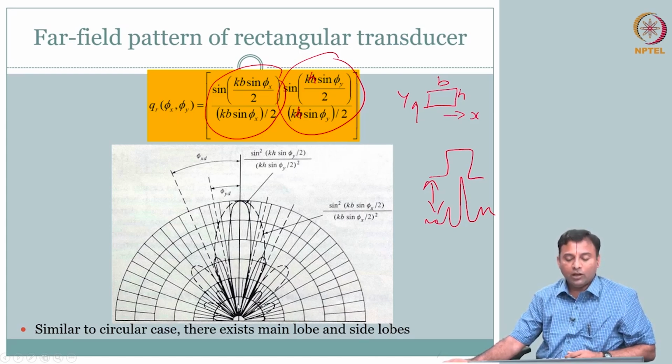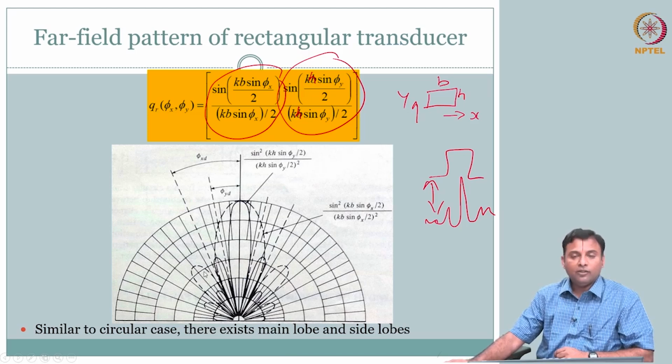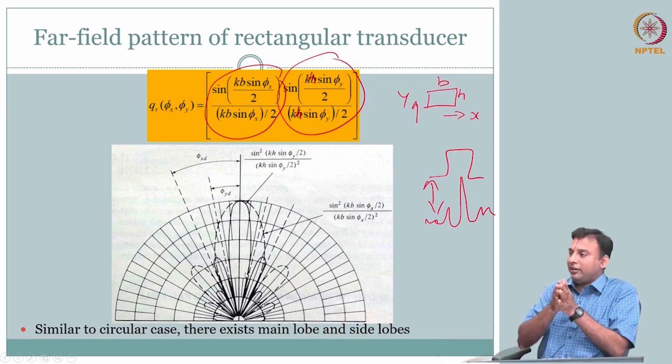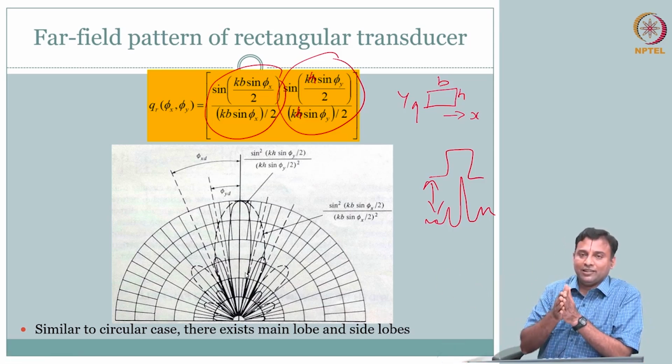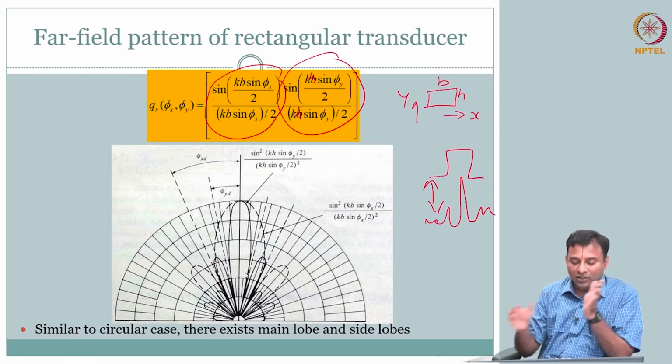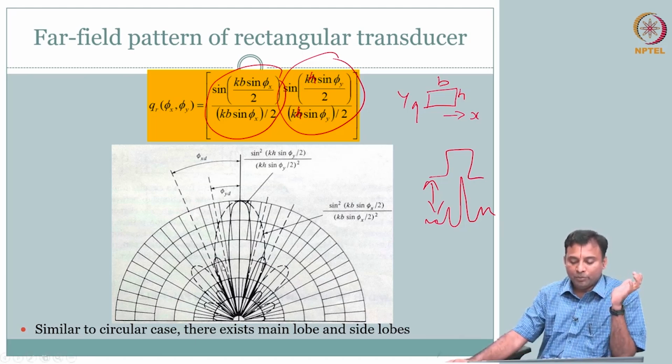The problem with all of this, I will talk about further when we go to the imaging aspect explicitly, but the side lobe is undesirable. I am thinking I am sending pressure in front of the transducer, but when it is leaving the transducer, it is not just hitting the object in front, it is also hitting at different angles with some pressure levels.